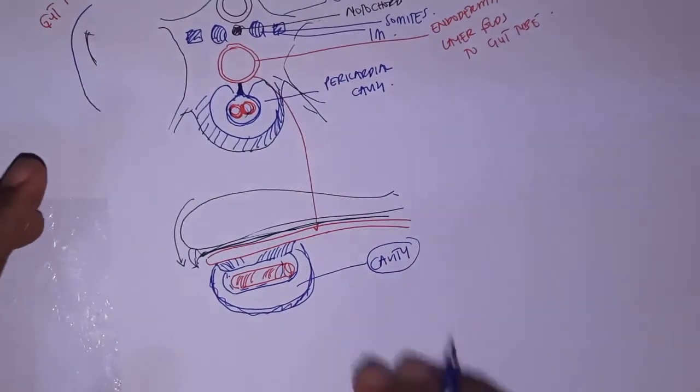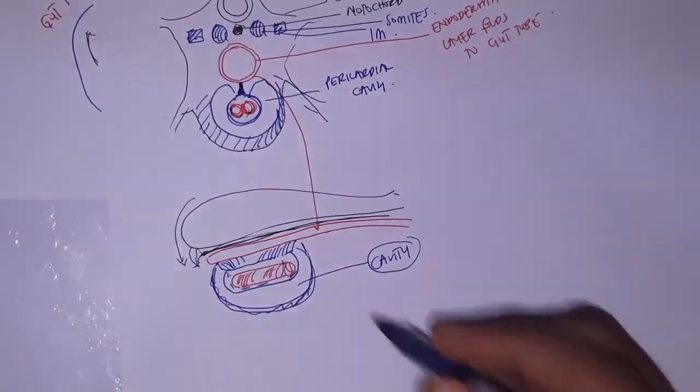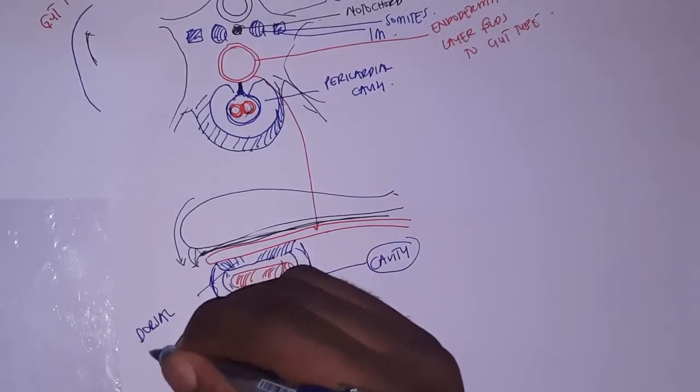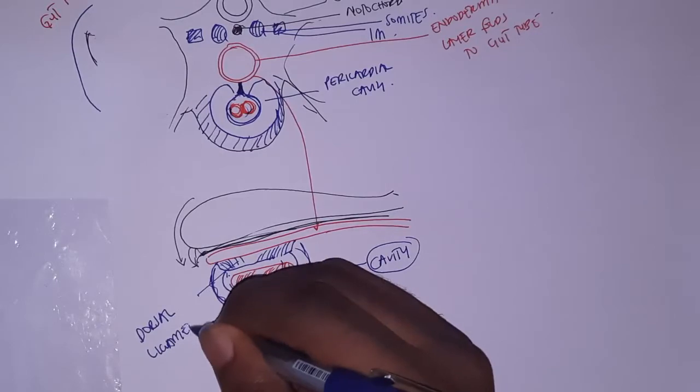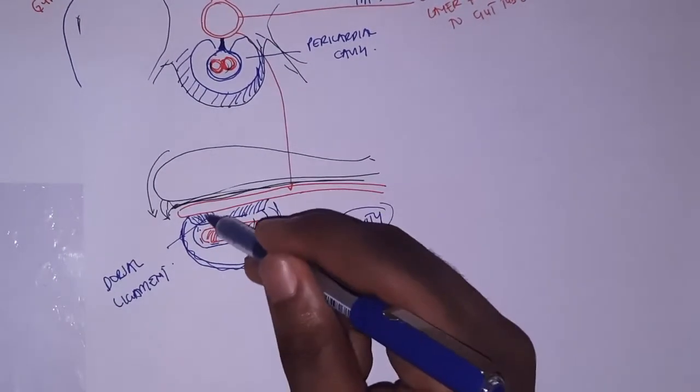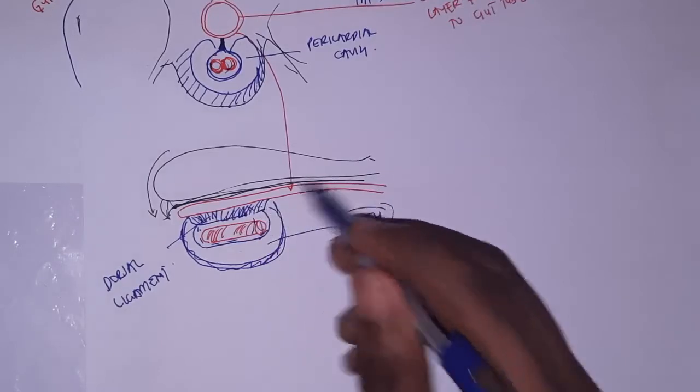So this is what you have. Remember this is a dorsal ligament. There's no ventral ligament. This is a dorsal ligament holding this.